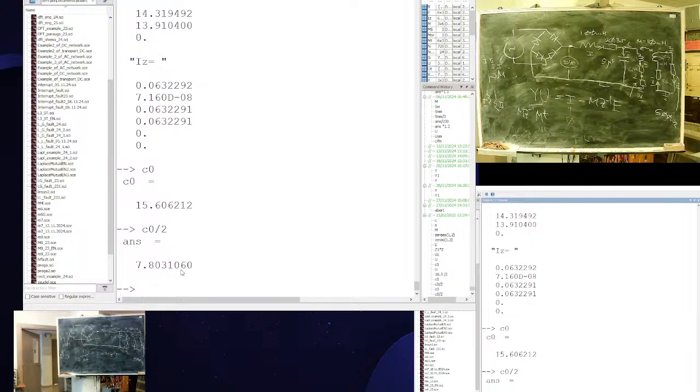That means 1.2. Okay, it's not terminal.